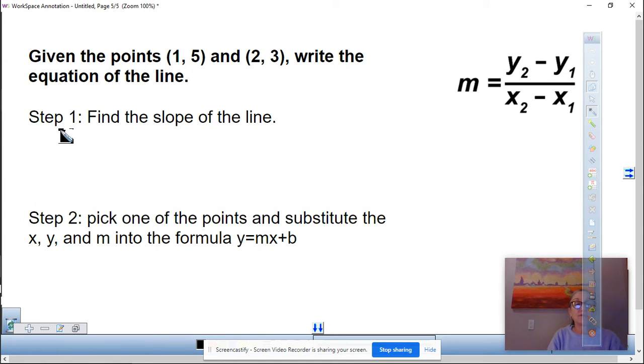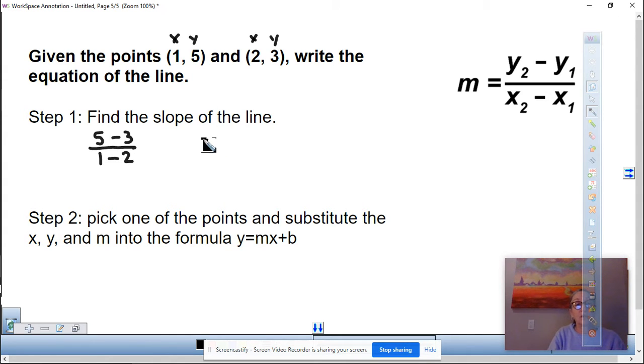So step 1 is to find the slope. Well, I'm going to use my slope formula for that. So I've got my x and my y of the first point, and my x and my y of the second one. I'm going to say 5 minus 3 over 1 minus 2.